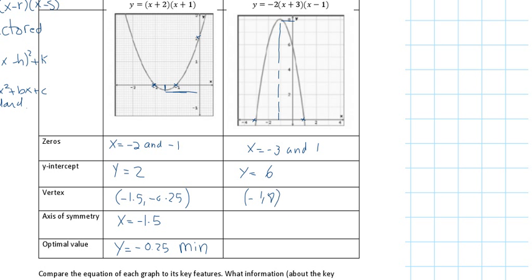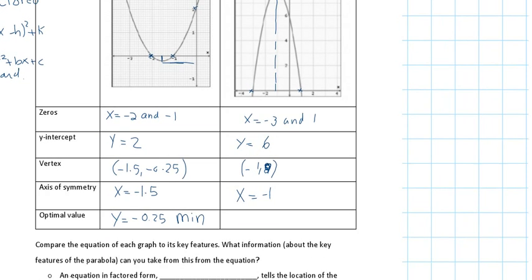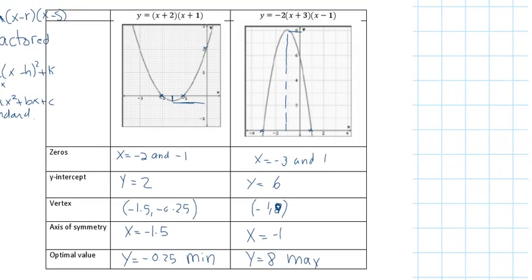Now, if you look at the key features that we just listed, did you guys finish copying them? I want you to look at the key features and the equation and see if there is anything common between them. The zeros.